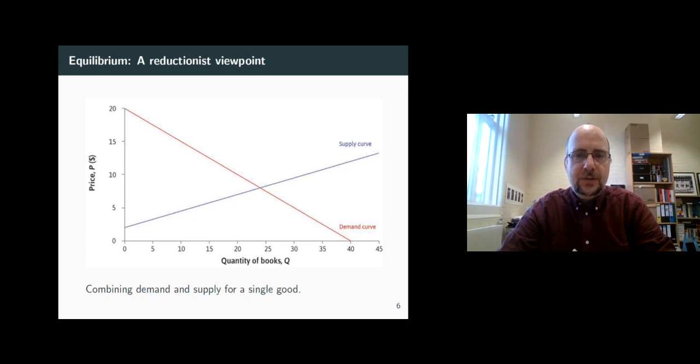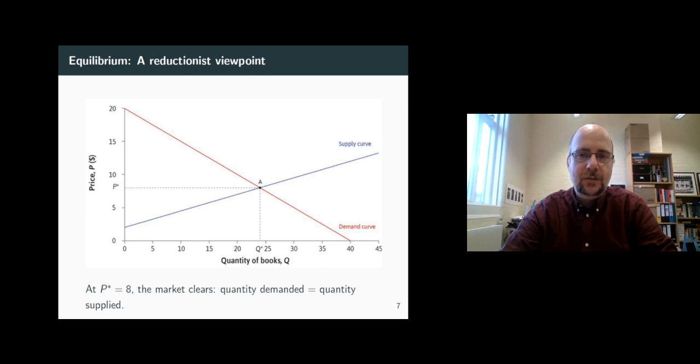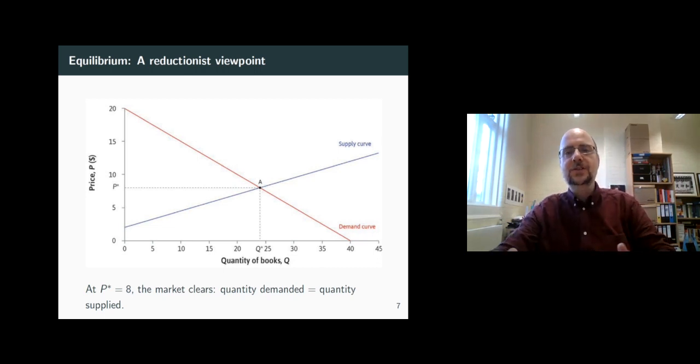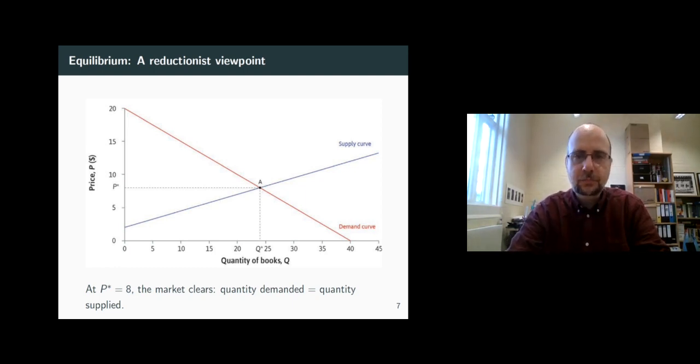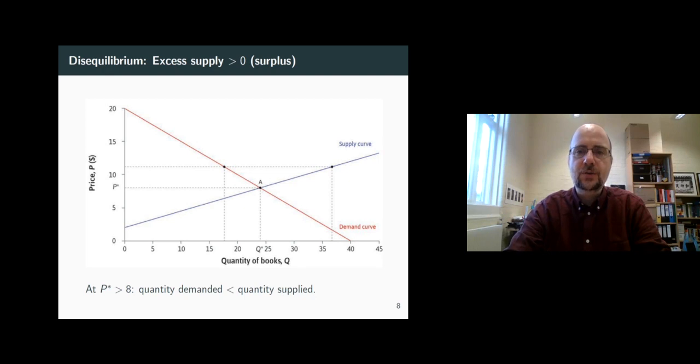A very simplistic and naive way to look at equilibrium is a point where demand equals supply. For example, in this hypothetical market for books, the price which makes the quantity demanded equal the quantity supplied is equal to 8. If for any reason the price goes above the equilibrium price, consumers will optimally reduce their quantity demanded.